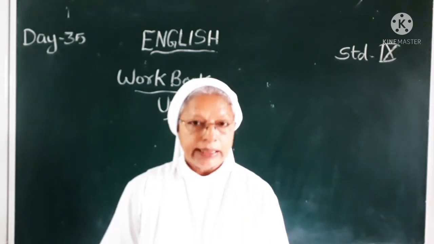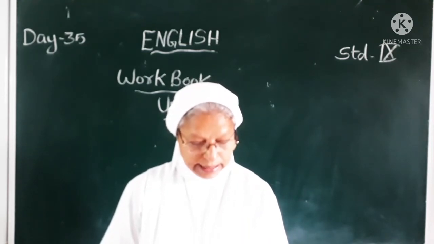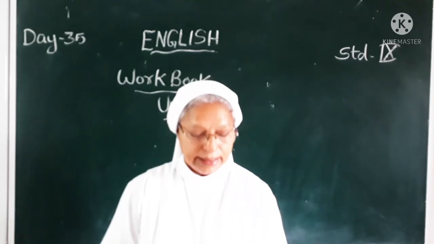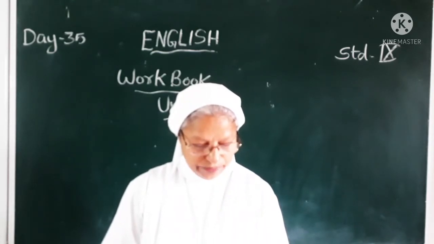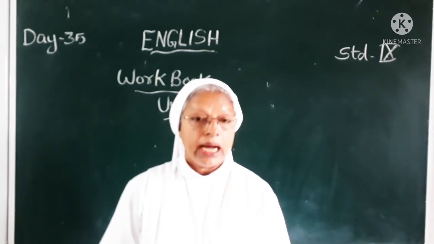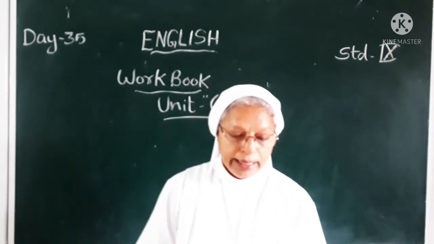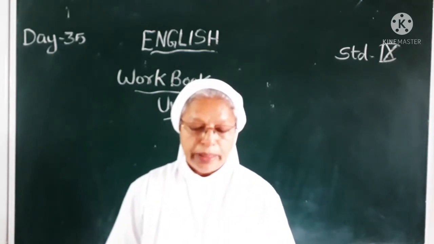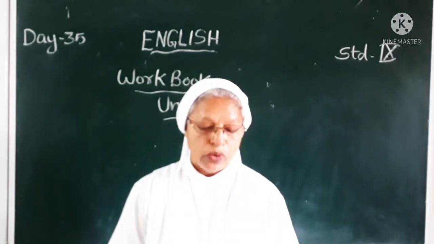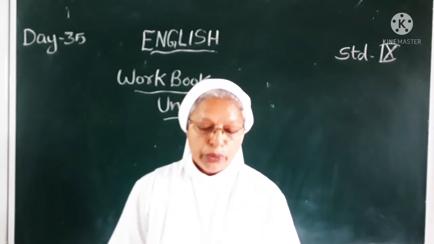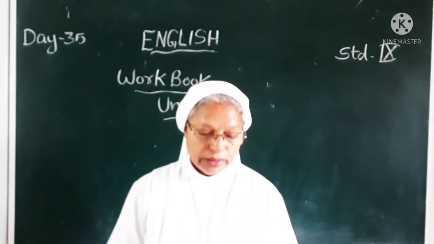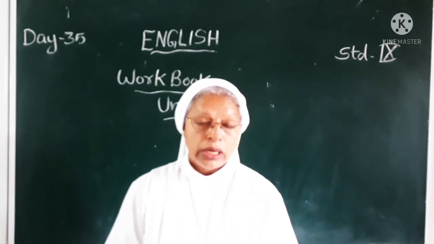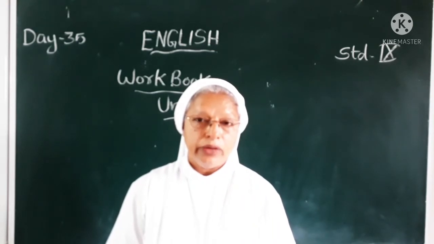Accept, acceptance. Separate, separation. Oblige, obligation. Achieve, achievement. Take words from the box given below and match the words that go along with them. You may use some of the words more than once. So some words are there, you have to combine and make a meaningful word.